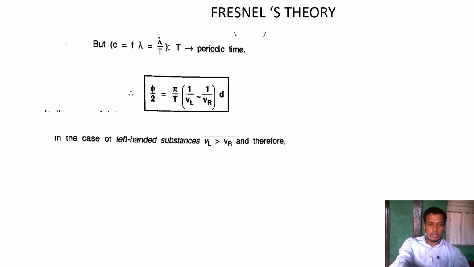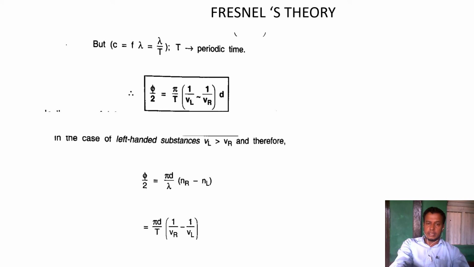So the above equation changes slightly, that is n_R minus n_L, the refractive index difference, is pi d by lambda, then 1 by v_R minus 1 by v_L.